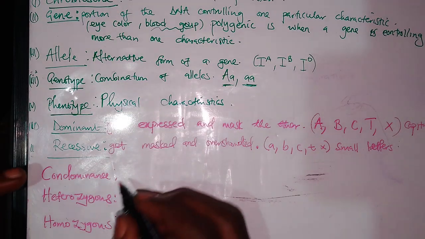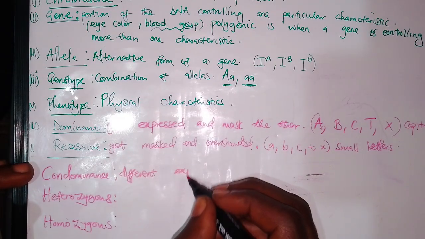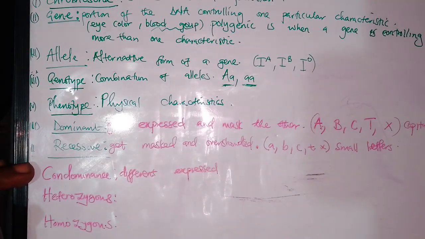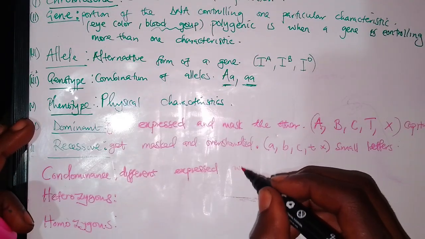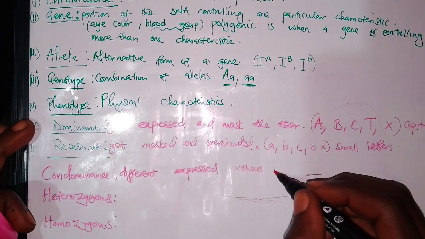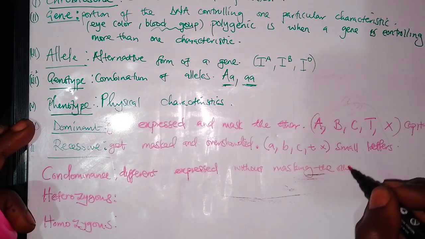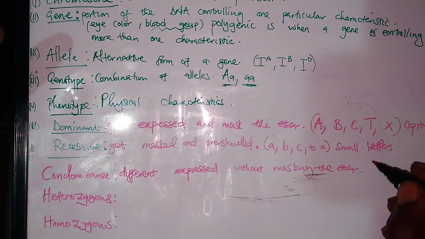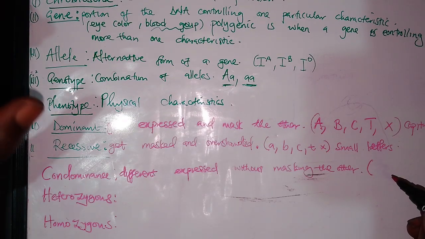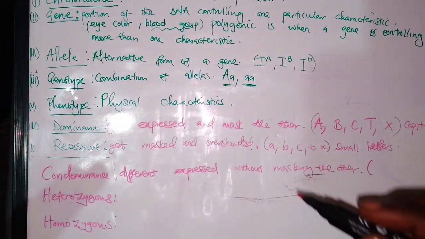Here different alleles are expressed without masking the other. So if they are expressed in the phenotype without masking each other, they will both be in capital letters. Here remember we're talking about different, not the same.